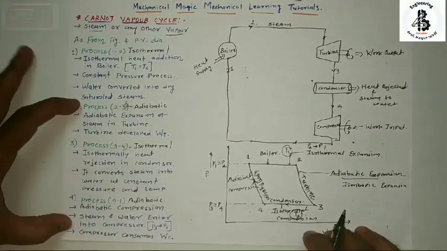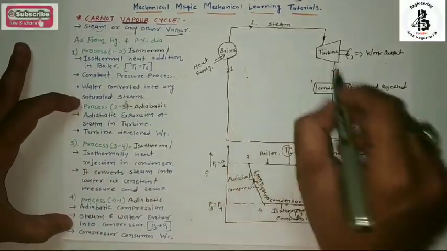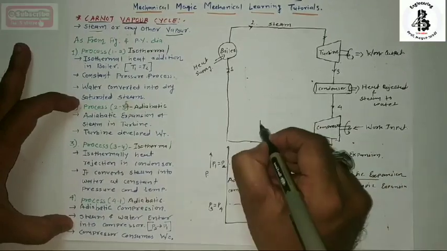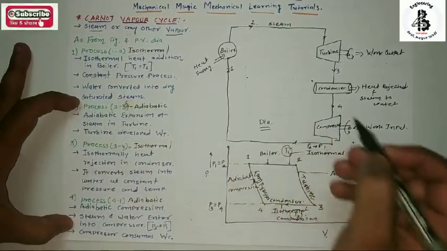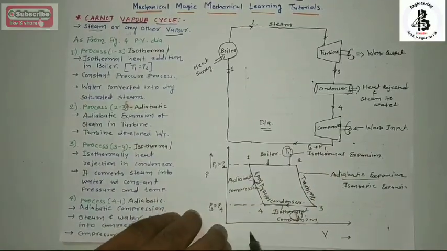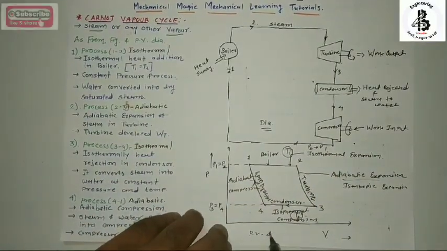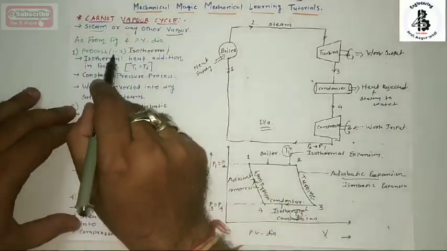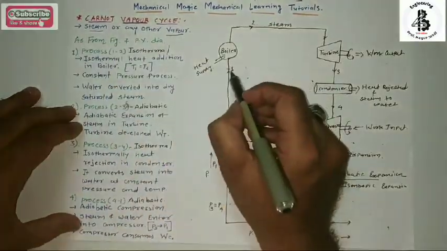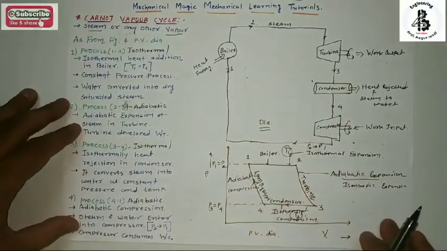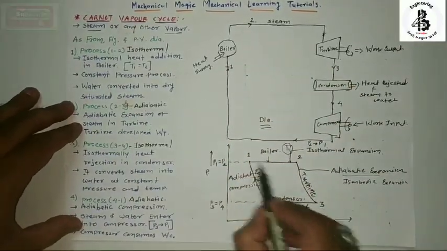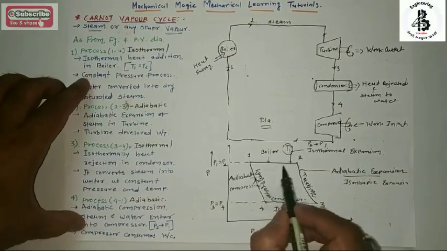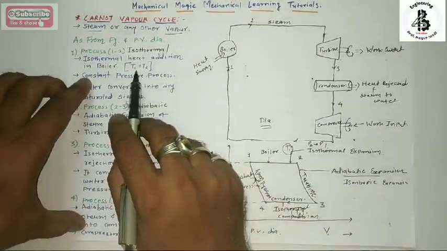Now, from the figure, that is a flow diagram, and here the PV diagram. For process 1 to 2, or you can say the boiler, from the PV diagram 1 to 2 is a constant pressure heat addition process in the boiler.